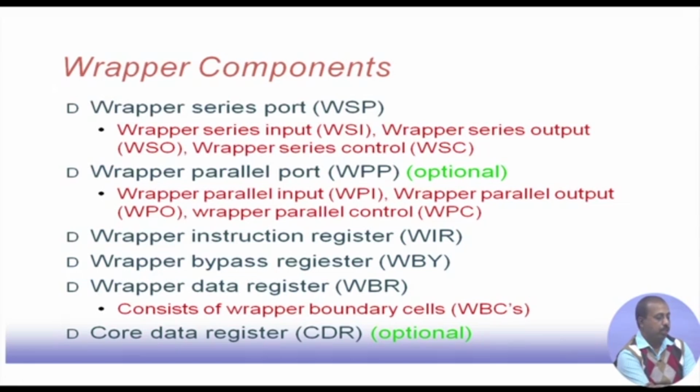There is also a core data register which is optional, like the core may be producing some data that may need to be transported for testing purposes, or it may be for configuring the core in a certain mode, where we have to give some command to the core. That way there may be another core data register which may be programmed. In some applications it will be there, and in other cases it will not.